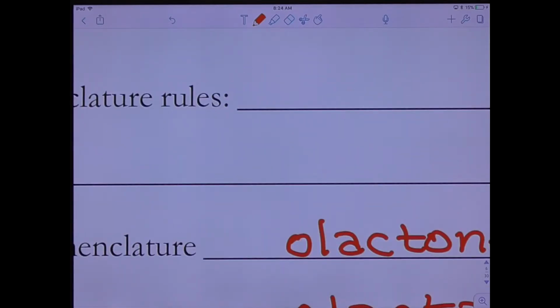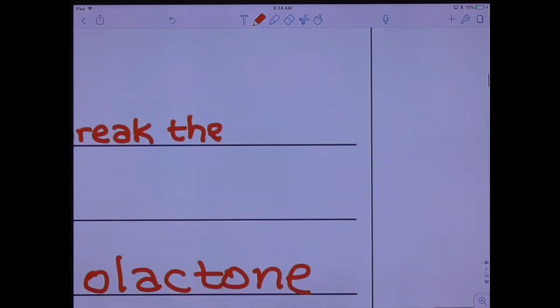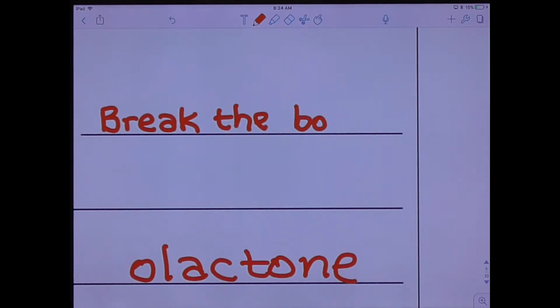All right, so if you're going to name it, and you don't even have to break the bond.